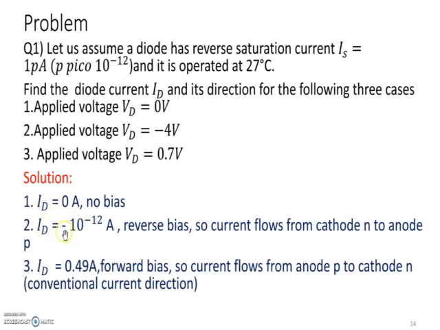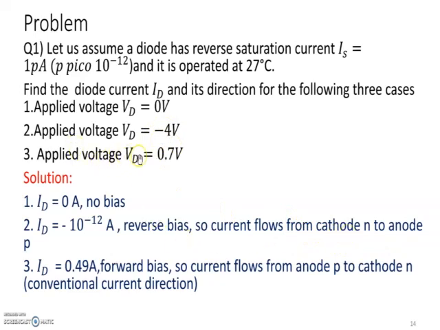Remember, this minus sign says that Id is flowing in the opposite, the negative direction, and the magnitude is 10 power minus 12. So during reverse bias, current flows from cathode to anode. We know in a diode the arrow is from P to N, anode to cathode. But when reverse biased, the current is going to flow from cathode to anode.